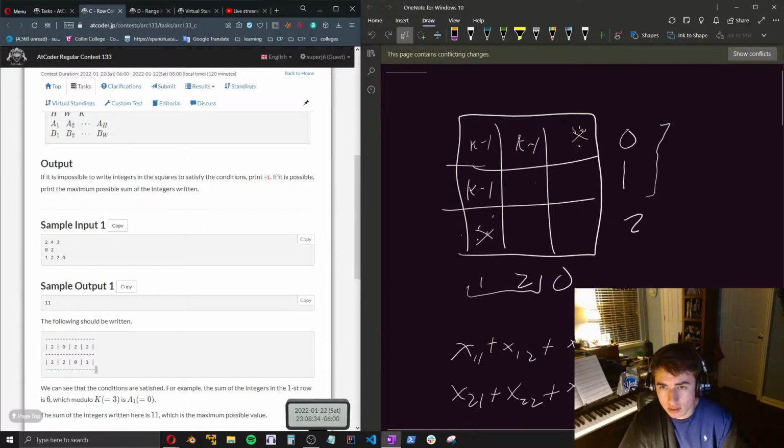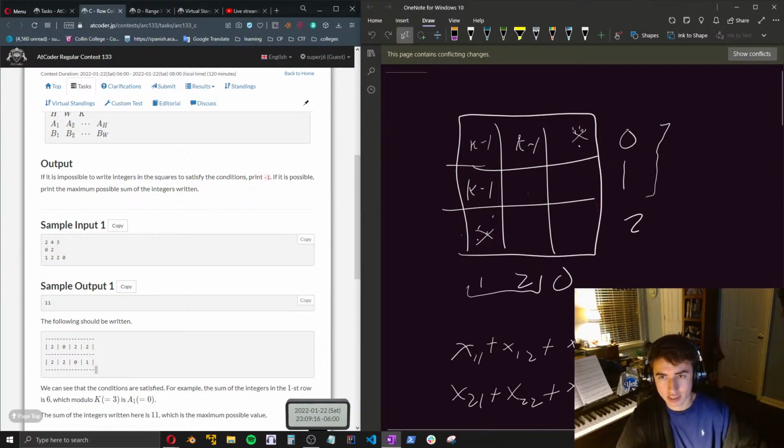Wait, is there always a solution? Let's go back to that square idea. Why did I say there wasn't always a solution? That's 4 equations and 4 variables. Are they all linearly independent? They should be, right? Why don't I just fill in these and then figure out the final values?